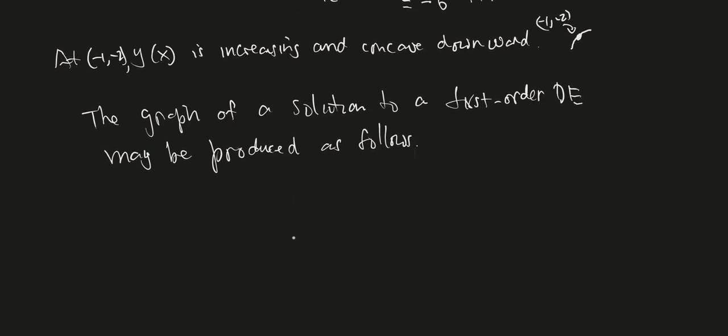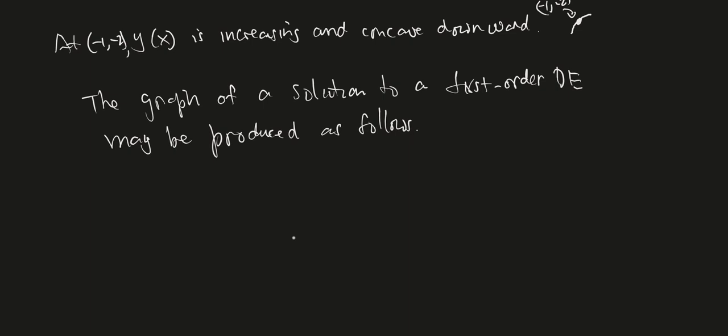The first one that we're going to look at uses the same idea of increase or decrease, and the type of graph or plot that is produced here is called either a slope field or a direction field. So a slope field or a direction field, right?